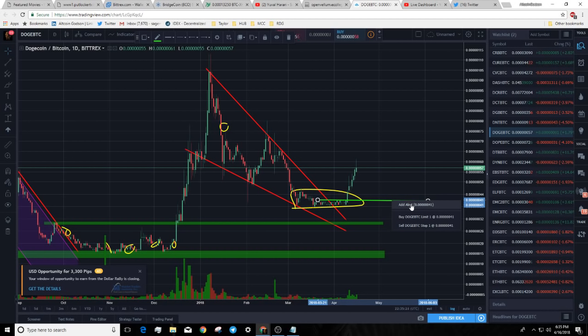If you're using Coinigy or TradingView or what else, you could just put an alert there, and it would alert you when the price moves above that, and then you could just jump in, precision FOMO, as News likes to call it.